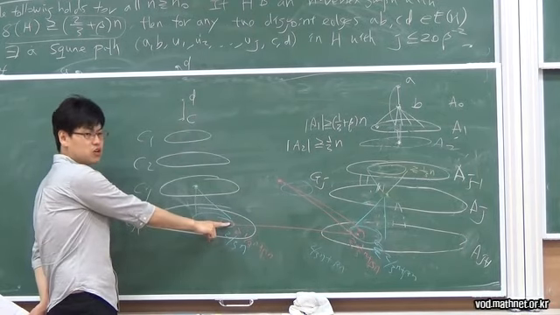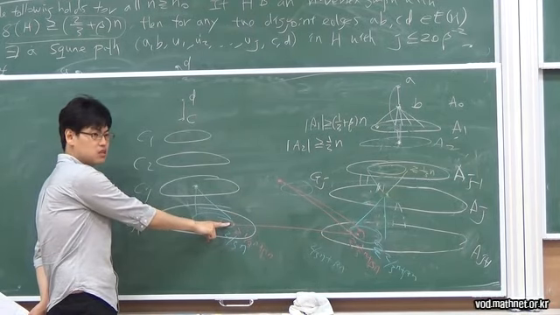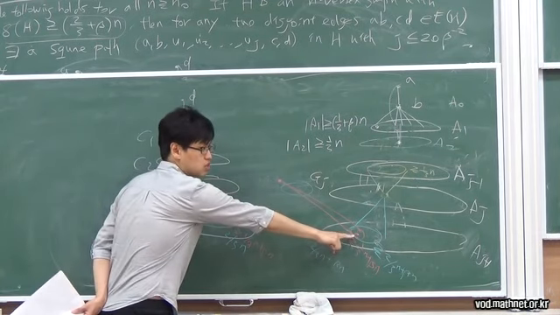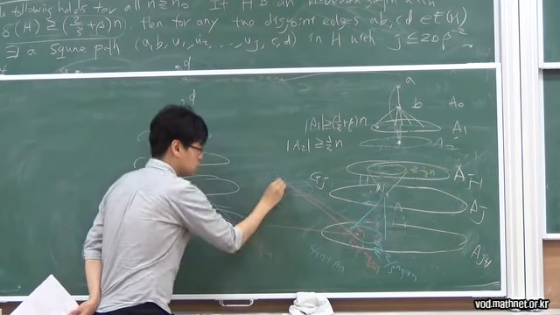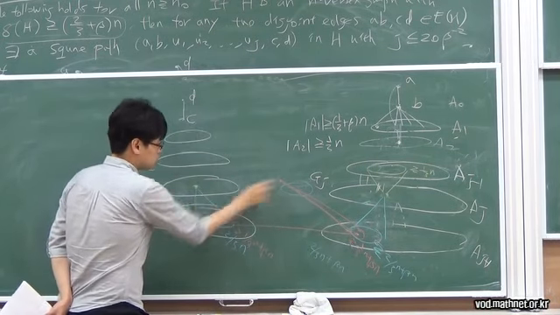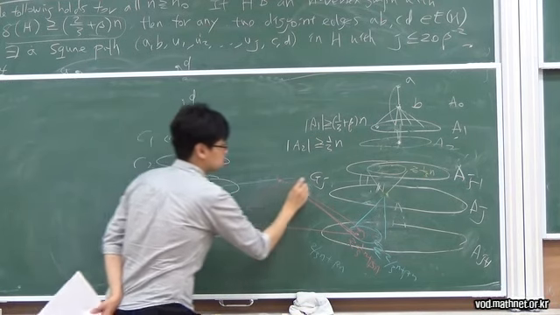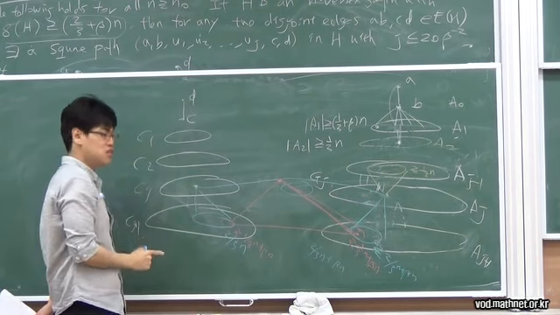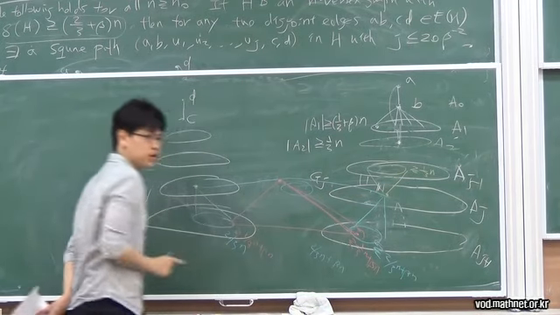Because if you take an arbitrary vertex here, then that has degree at least 2/3 n plus beta n, and this has size 1/3 n. So there should be overlap. There is an edge, and that looks this way. And then we take this as our common neighbor. This is part of our square path.